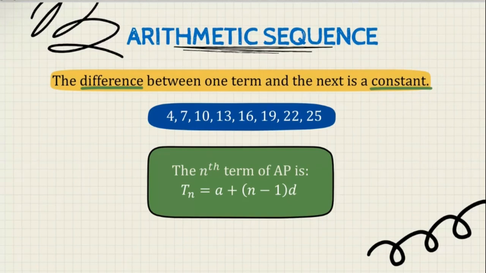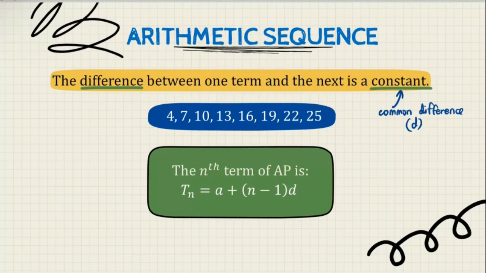So selalunya kalau ada soalan yang dia tanya tentang show that the sequence is arithmetic, kita nak show dia adalah arithmetic dengan cara kita kira, kita cuba selesaikan adakah dia punya difference adalah a constant. Okay, so constant ini merujuk kepada common difference. Common difference kita akan label sebagai d.